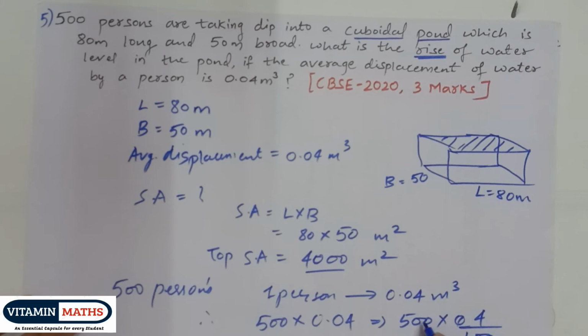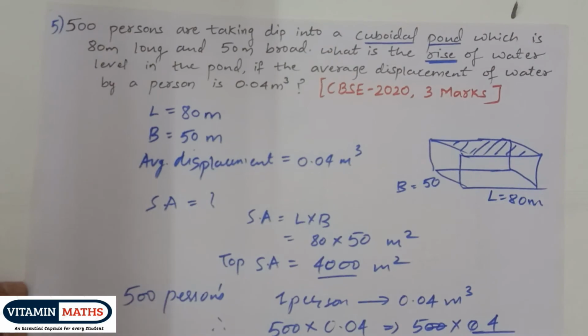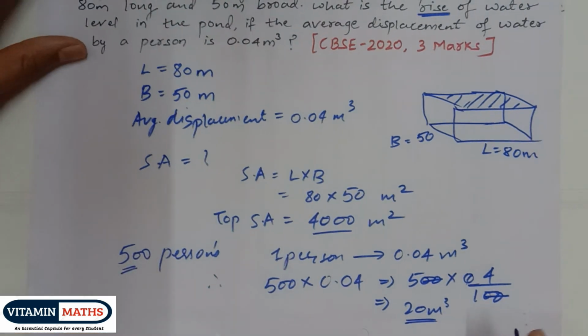So these two zeros will go. So it is 20 meter cube displacement they will give. Okay, so now let me take another sheet.